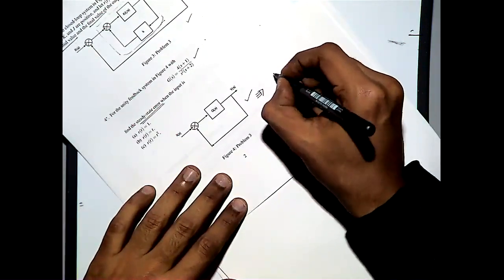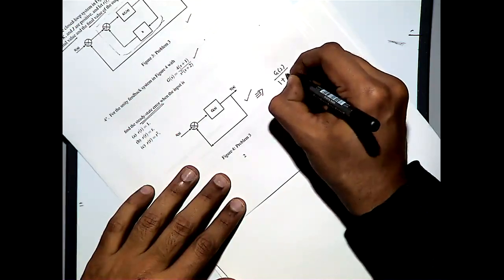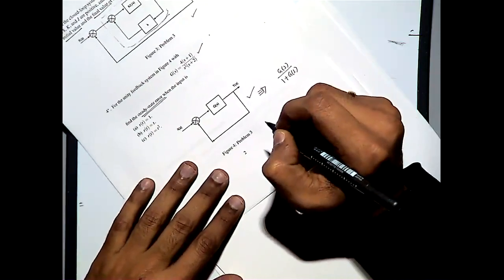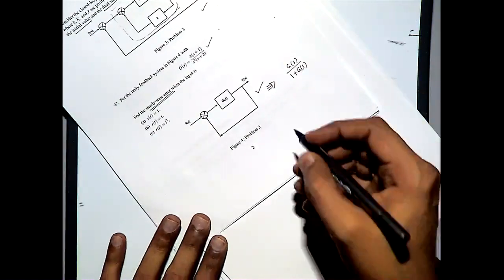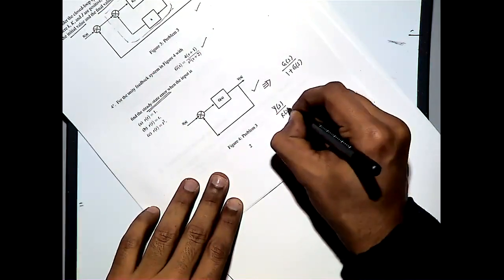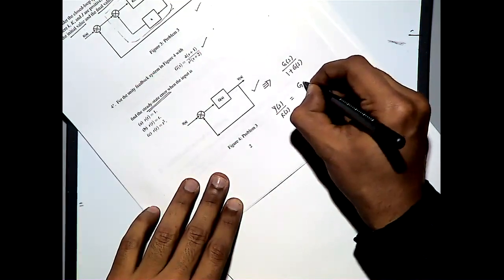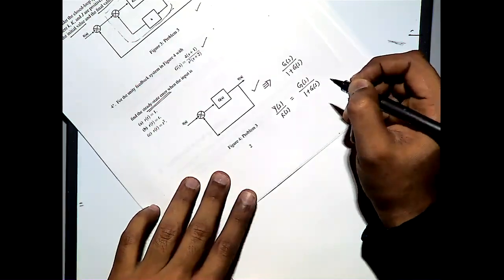Which will be G of s divided by 1 plus G of s, right? Which means that Y of s divided by R of s is G of s divided by 1 plus G of s.